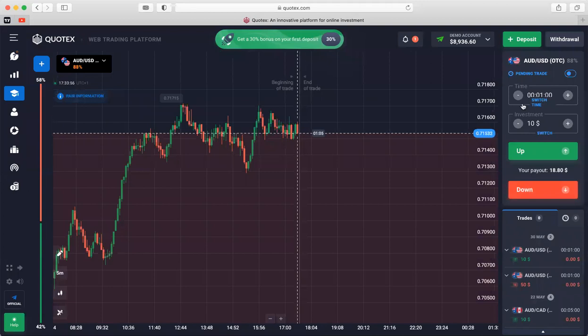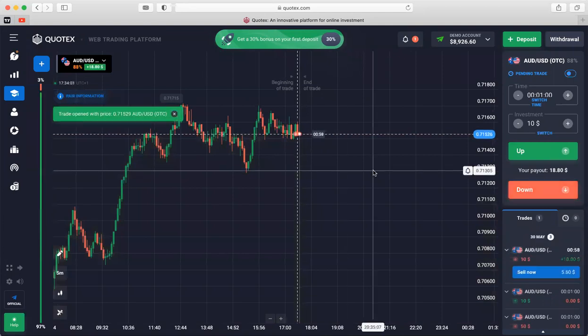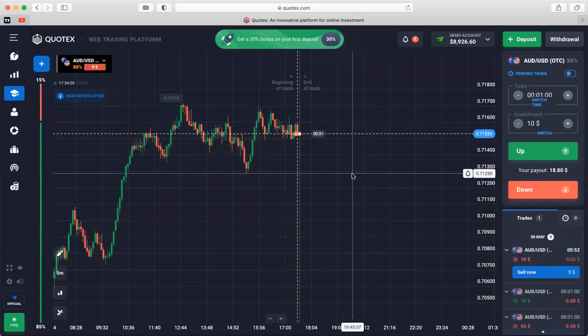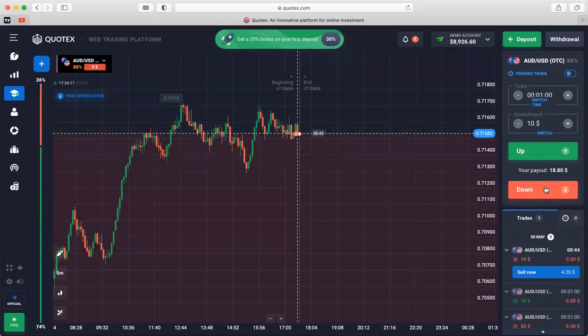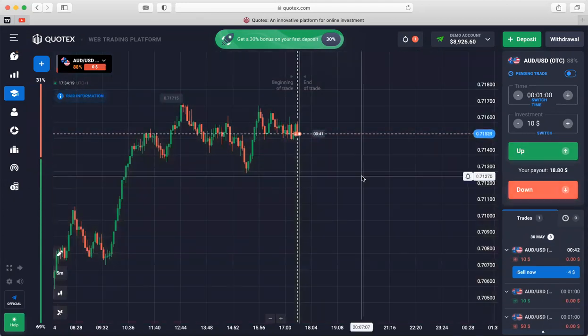All right. We have 1 minute for the down, and I place it. It's going to go down in 1 minute. Let's wait to see if we are actually going to clear the trade or not. So this is for up and this is for down. But if we eventually clear this trade, what are we to get?